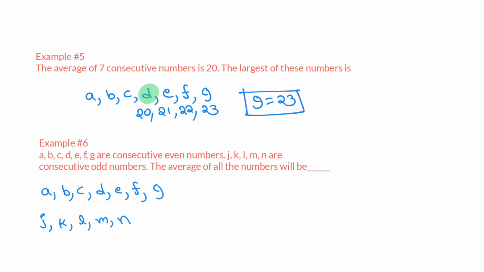So from quick trick 1, here we can directly say that the average value of the first sequence is D and the average value of second sequence would be L. So if we want the average of all the numbers together, then it would be simply given by taking the average value of first sequence summed with the average value of second sequence divided by 2. So this is the average of all the numbers.